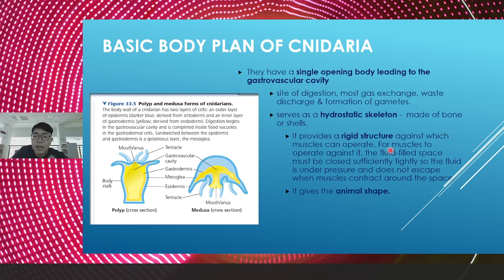Ini dia macam mekanisme dia lah. So if you want muscle to operate against it, the fluid-filled space, itulah gastrovascular cavity. Therefore the space must be closed tightly, so that the pressure inside this cavity does not escape, and then the muscle will contract around the space.